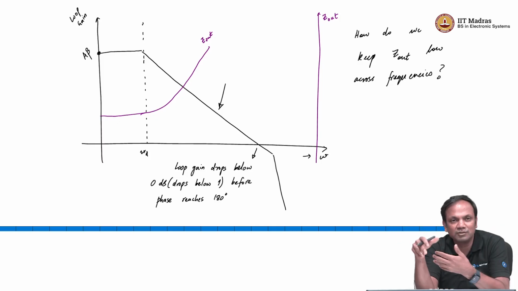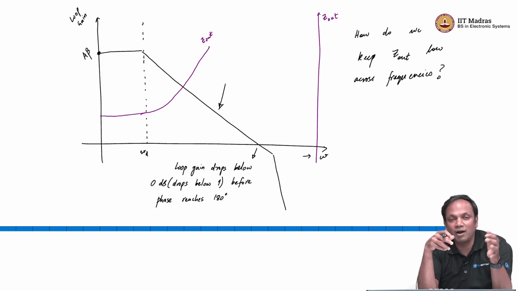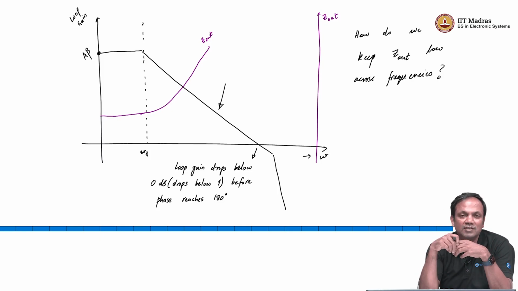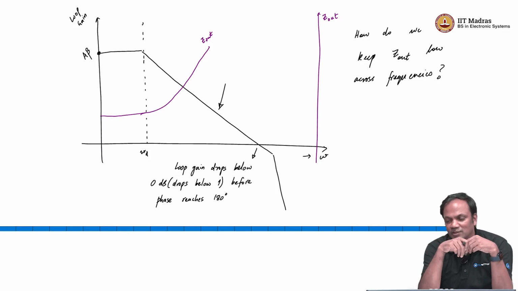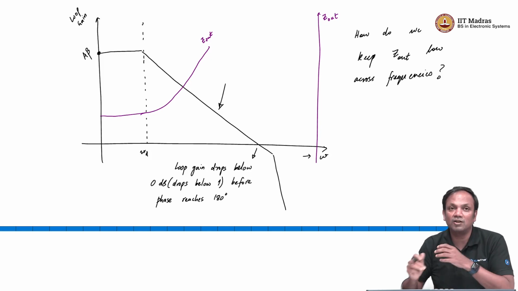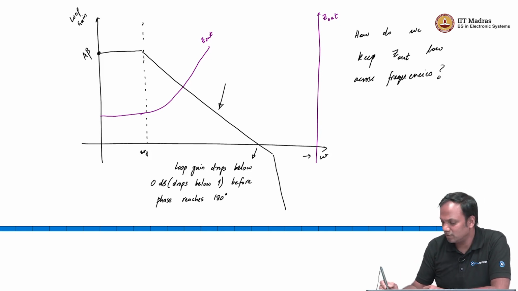That current has to come from this LDO only, and if the output impedance of the LDO is very high at some of these frequencies, you are going to see a lot of voltage drop at those frequencies. So, to avoid that, we need to keep Z out low across frequencies. So, how do we do that?